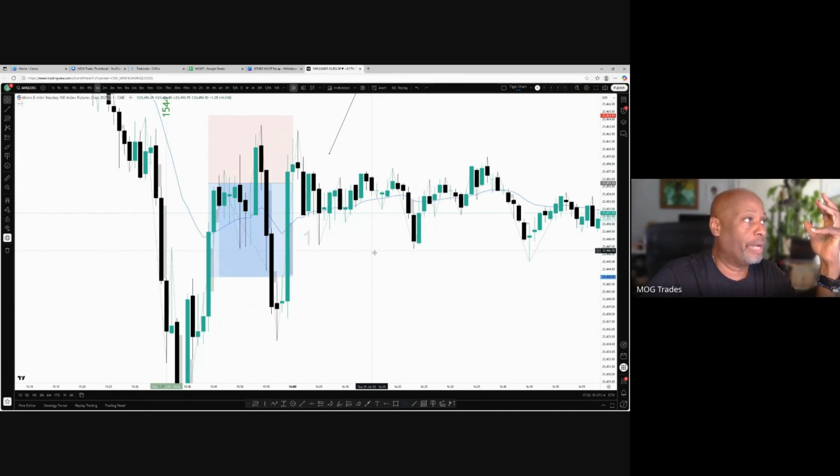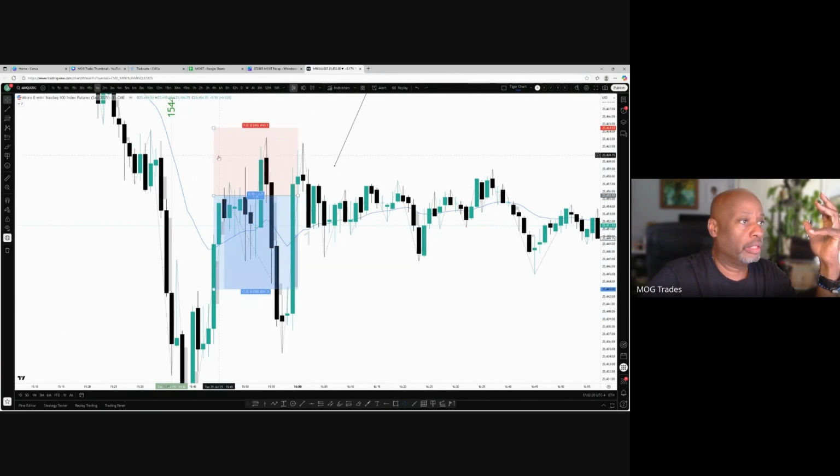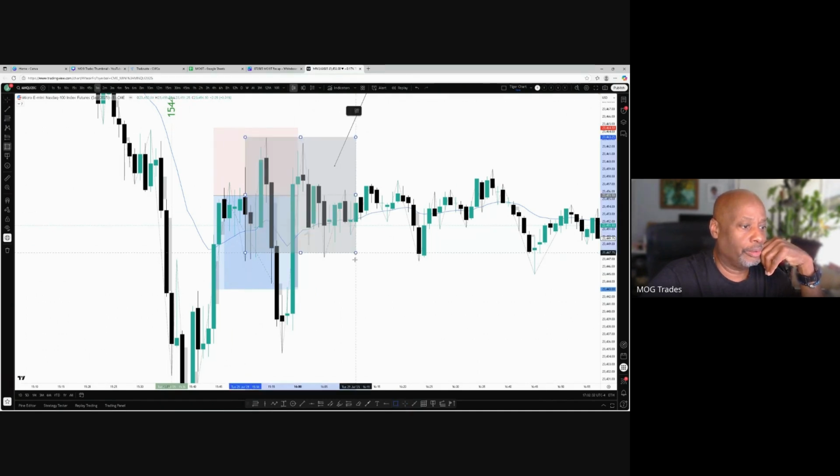Now, keep in mind, the swings are based on your time frame, right? So if you go to the 15-minute time frame, let's say we got a swing high here and a swing low here. Okay.